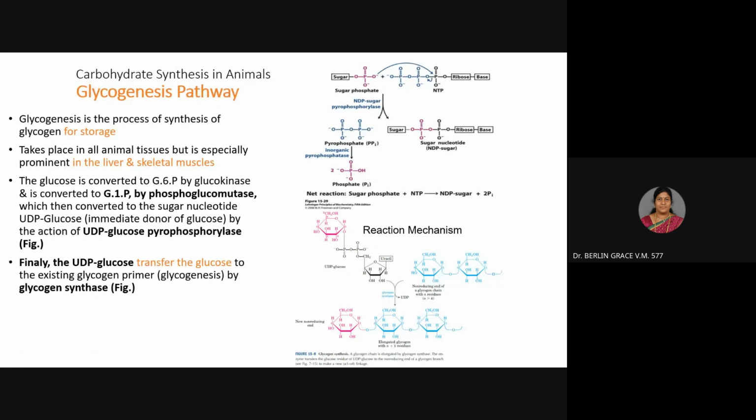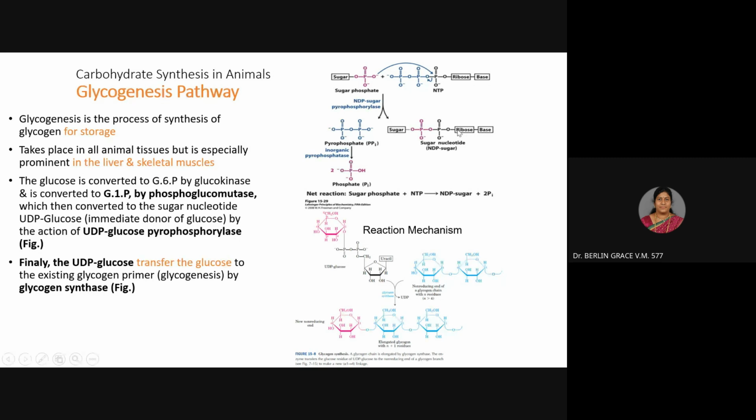That will convert the glucose to glucose 6-phosphate using the enzyme glucokinase, and then it is converted to glucose 1-phosphate by phosphoglucomutase. It is then transferred to the nucleotide, so that now we get the sugar nucleotide, UDP glucose. That is the immediate donor of the glucose, by the action of UDP glucose pyrophosphorylase.